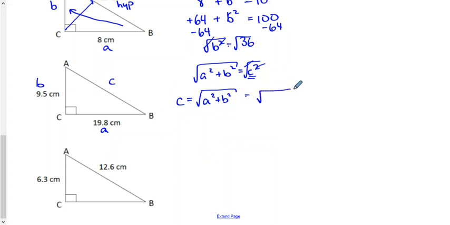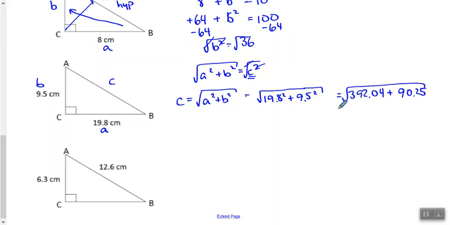We have to make sure that we are square rooting the whole side. So square rooting the whole side of a squared, which is 19.8 squared, plus b squared, which is 9.5 squared, and then square rooting that whole thing. So 19.8 squared, we get 392.04. 392.04 plus 9.5 squared, which is 90.25.